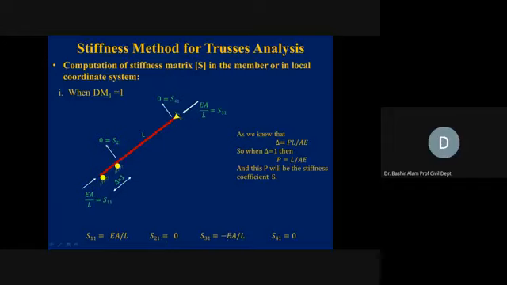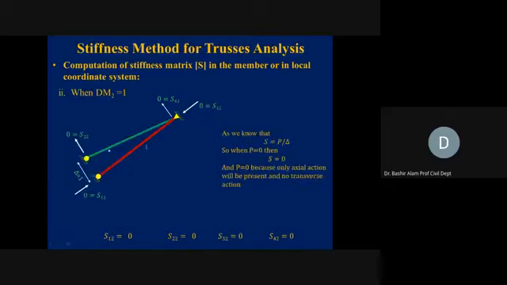S31, why is this negative? Because the assumed direction was upward, but now it is in the opposite direction. DM3 was in the opposite direction, so because of that it is minus EA divided by L. And S41 is equal to 0. So easily we can generate this first column of the stiffness coefficient matrix.